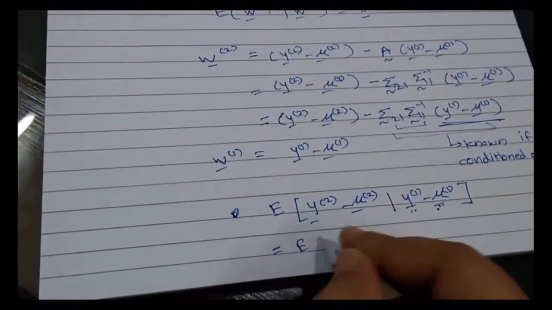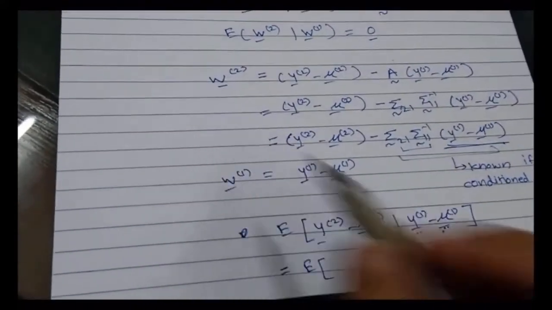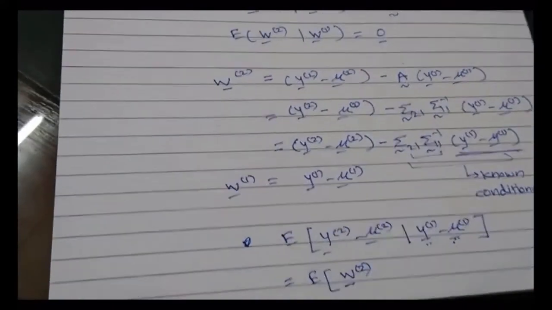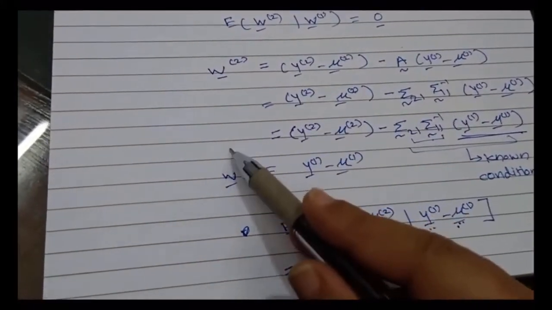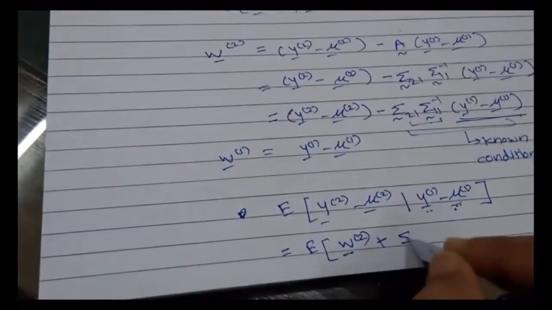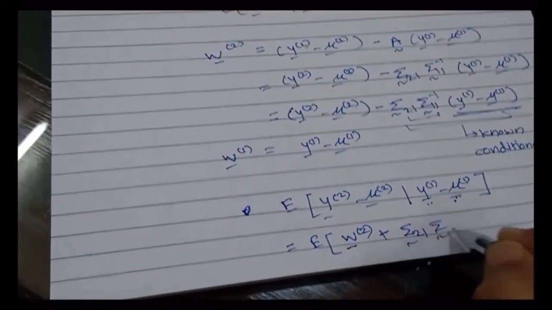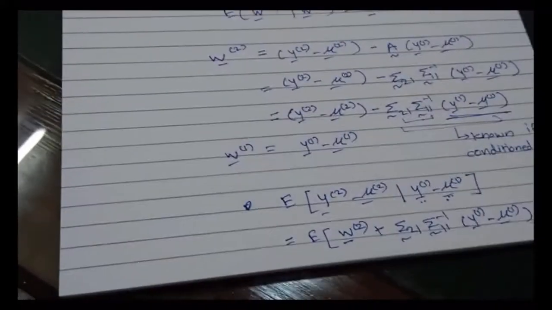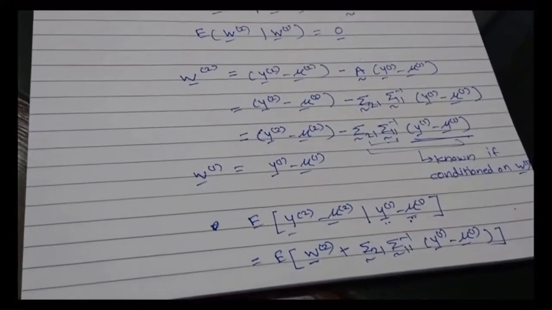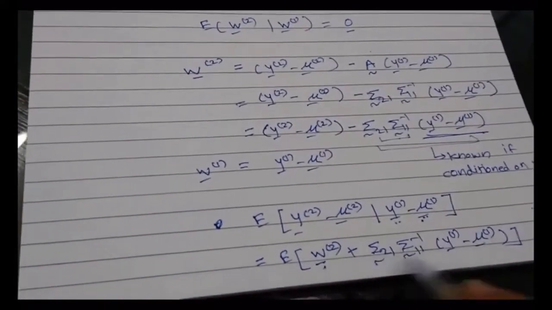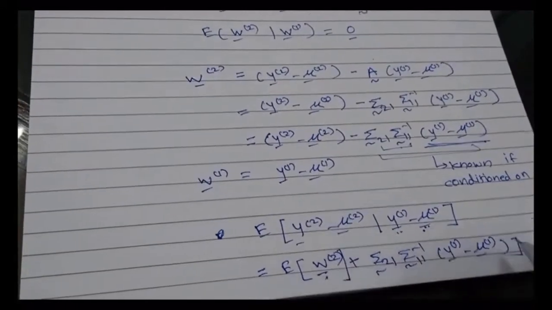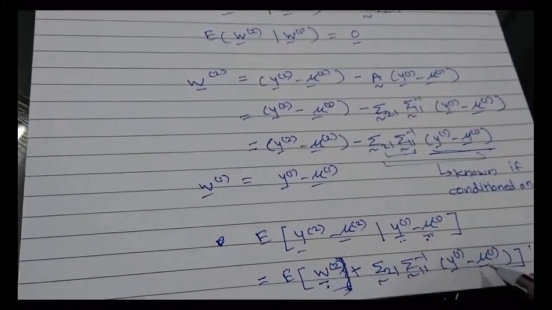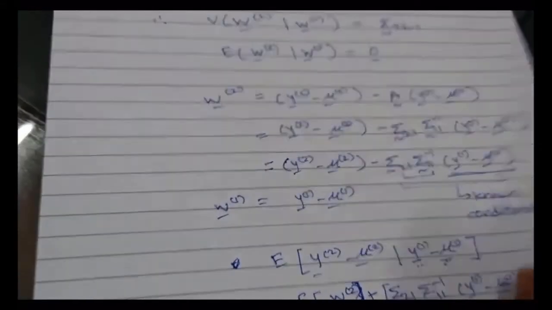So if I want the conditional expectation of y2 minus mu2 given y1 minus mu1, this is the same as expectation of W2, and this term I will shift to this side because it is constant, plus sigma 21 sigma 11 inverse times y1 minus mu1. Expectation of W2 I know is 0. These are conditioned on y1 minus mu1, so this is 0, and this is constant, so I don't need expectation here.